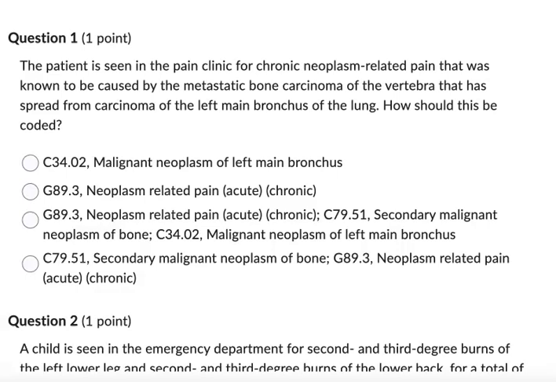So this patient has chronic neoplasm related pain that was known to be caused by metastatic, it means it spread, bone cancer of the vertebra that spread from the left main bronchus. So what's important here, I think, to call out is that the bone of the vertebra is secondary and the bronchus is primary.